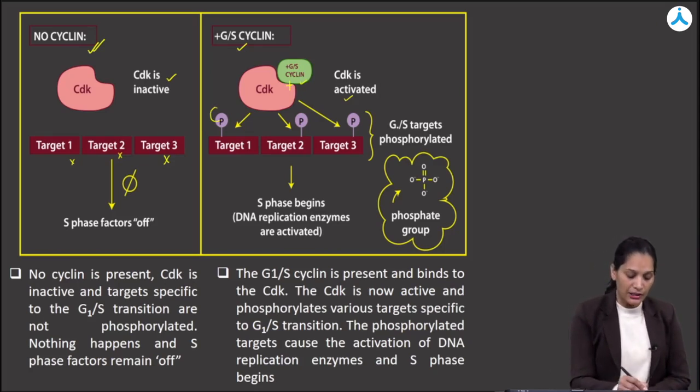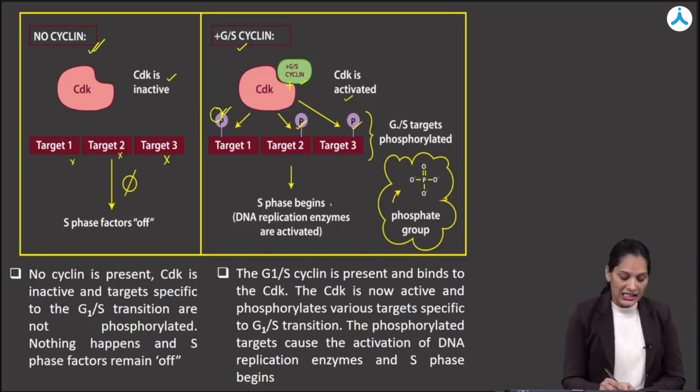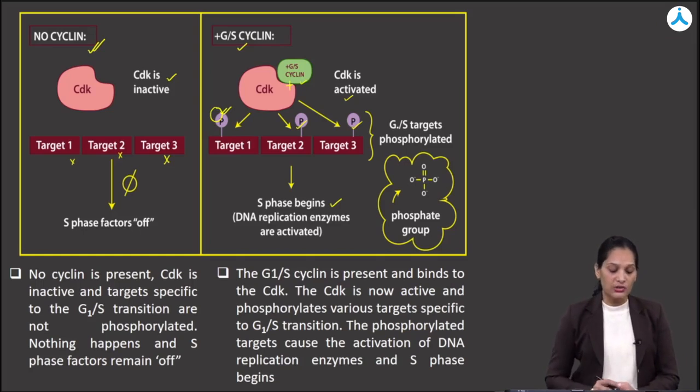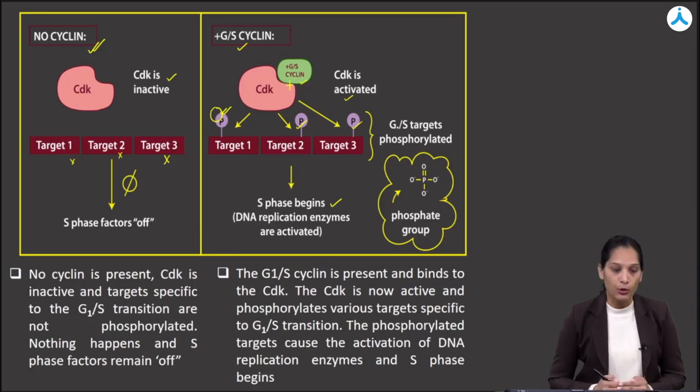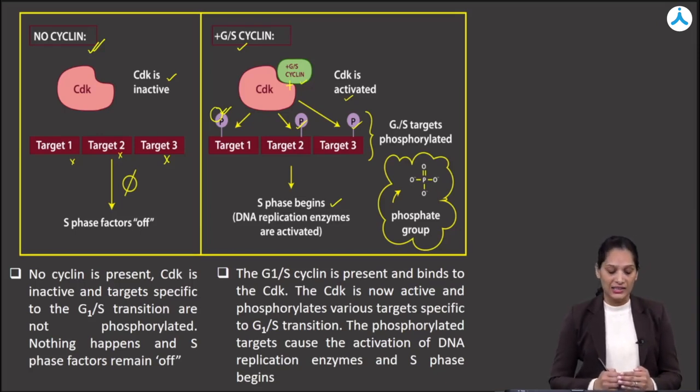Then there will be phosphorylation of the targeted proteins, and then the S phase begins and the DNA replication enzymes are activated. So the G1S checkpoint is supported or regulated by the G1S cyclins and the CDKs. If this complex is activated, then only DNA replication can be started.